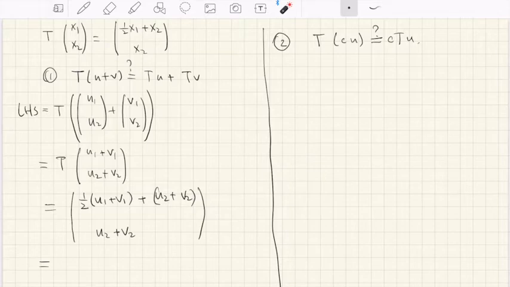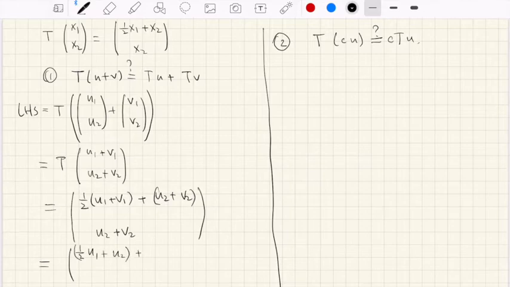So this means I'm going to separate u and v terms. Combining the like terms of u1 and u2, it becomes half u1 plus u2 plus half v1 plus v2, and the second one is u2 plus v2.